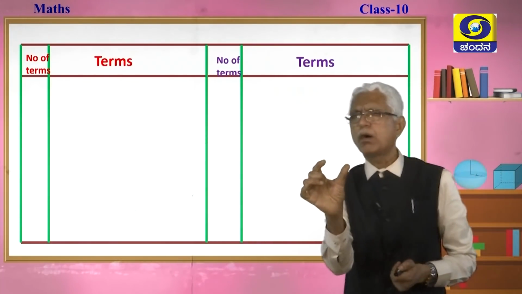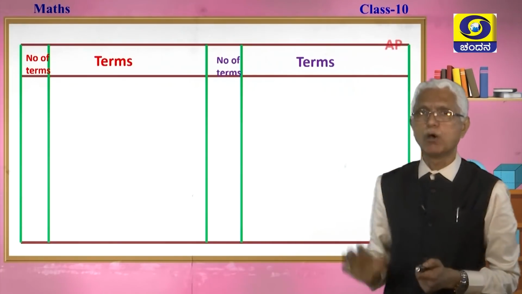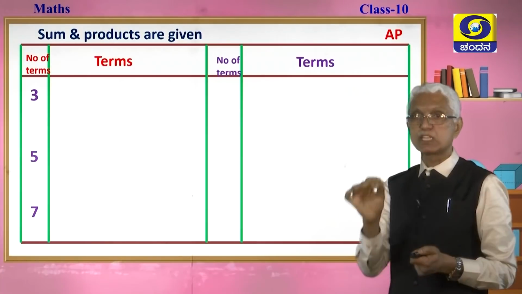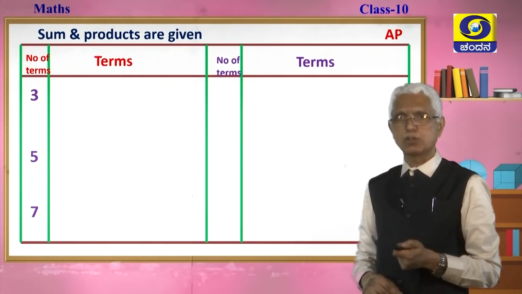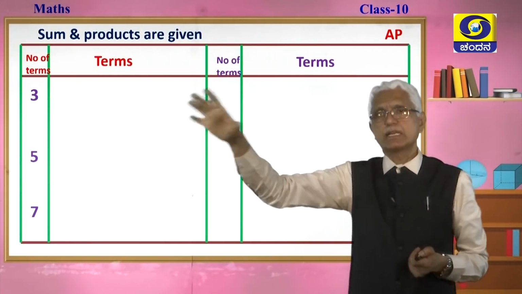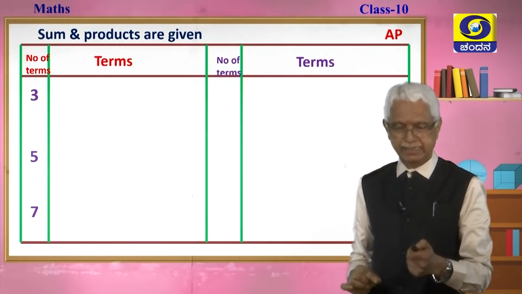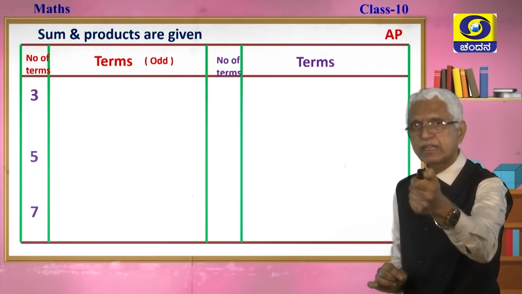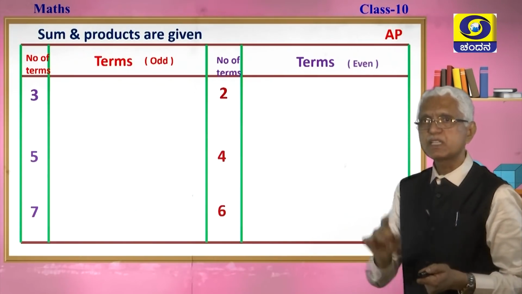This is just a small table just to help you out. Please observe. Especially when you are solving a problem where the sum of 3 terms is so much and the product of 3 consecutive terms is so much, or the sum and product of 5 terms, please observe when the number of terms is odd and when the number of terms is even.